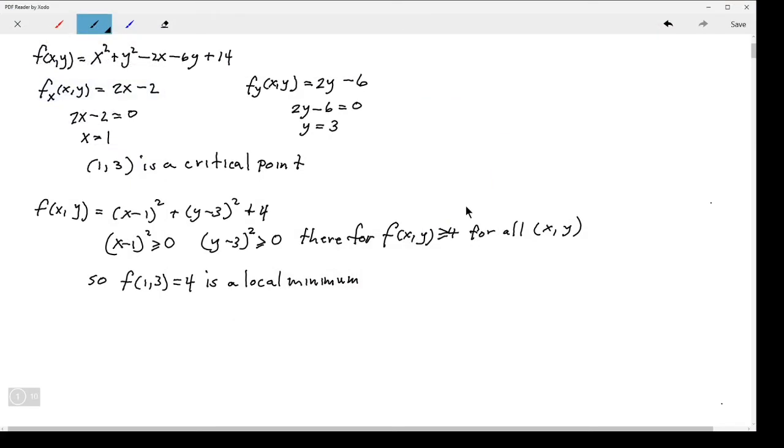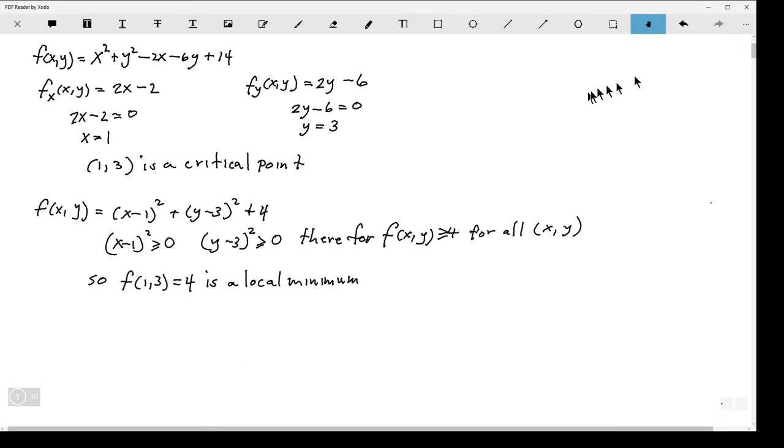With a function like that, it's not too hard to see what's going on. Now, that is a function that actually had a local minimum. So let's scroll down and take a look at a function that may be a little bit different.